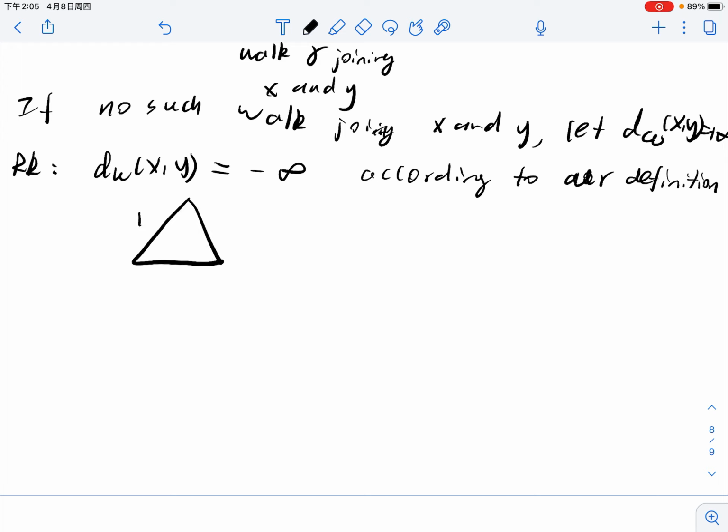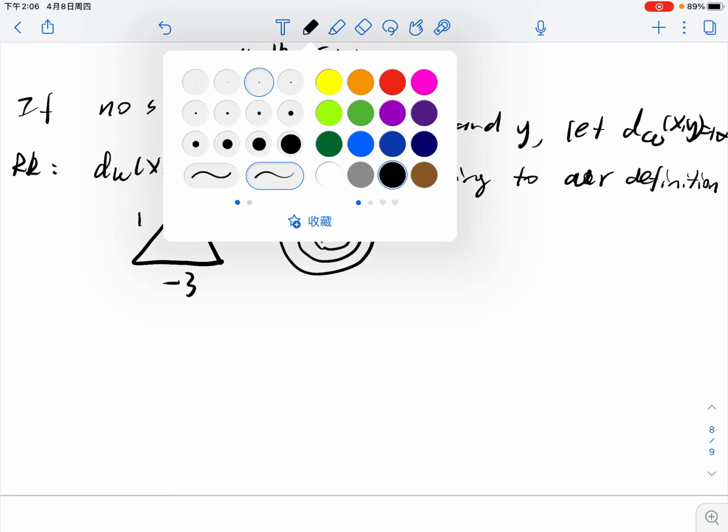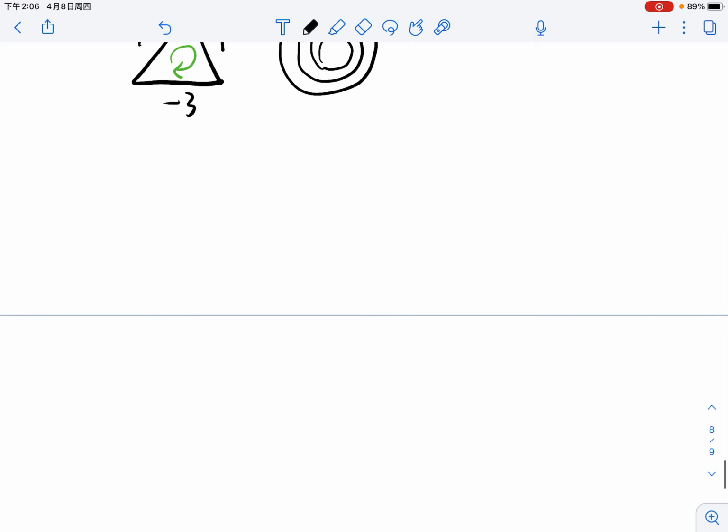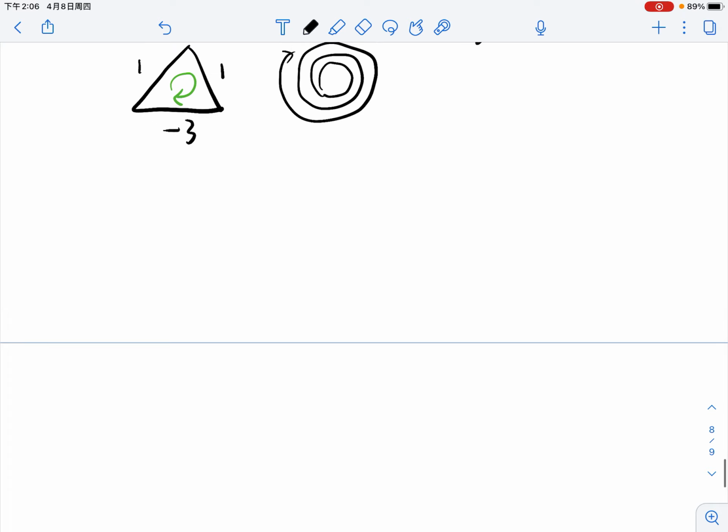If you have this situation and you just repeat the loops again and again, then we have smaller and smaller length, smaller weight.